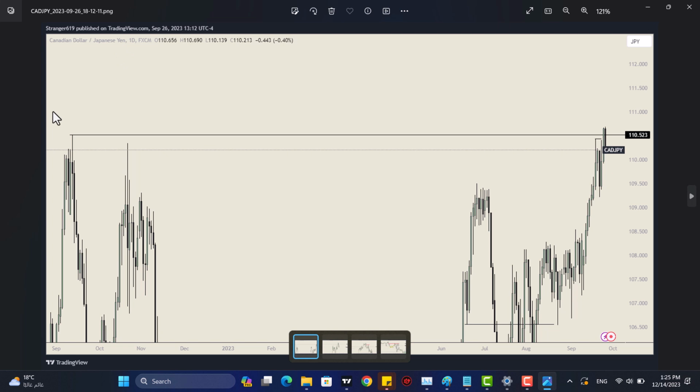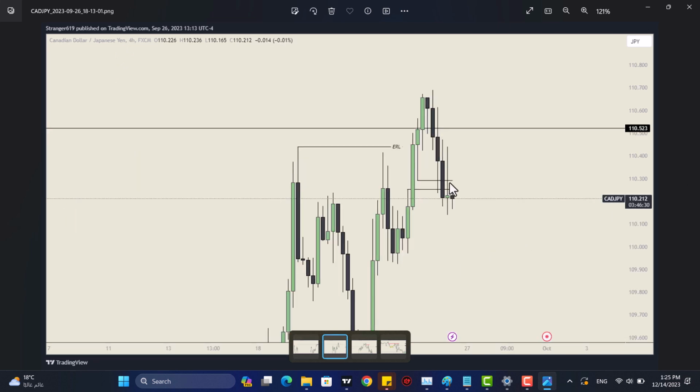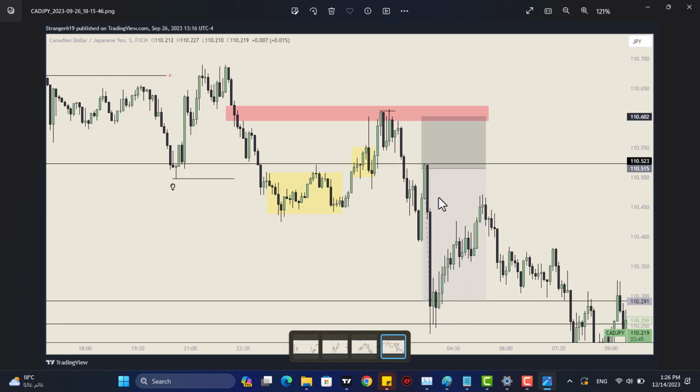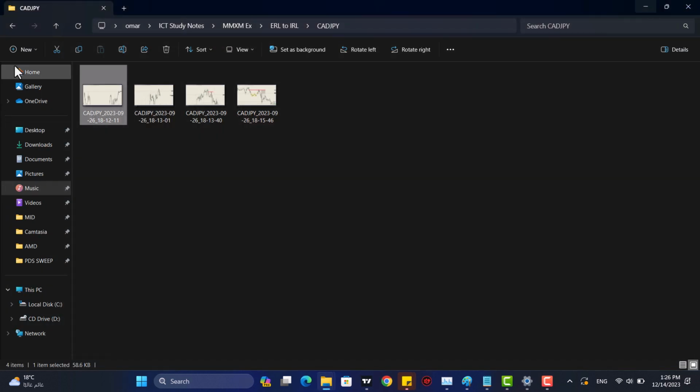And this is on the daily. Price took this external range liquidity, right? So again, this one and this one, this is the most recent one. And after that, it retraced to this internal range liquidity. So again, you can frame your short idea of going lower on the lower time frames based on the higher time frame, right? Let's see another example.